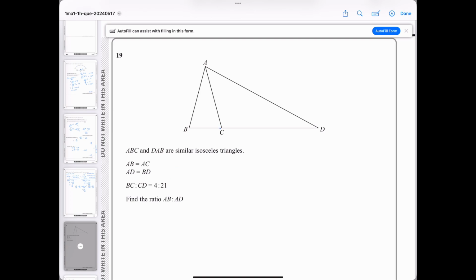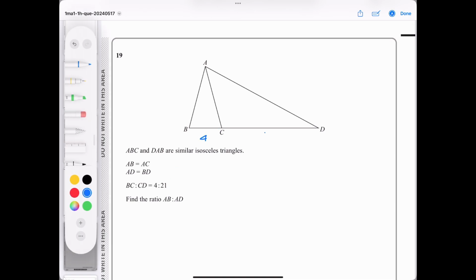Oh, okay. So that means that BD equals 25. So if we were to draw these again, I'm just going to do it because it's a bit confusing having them in this position. We know that equals 25, and that equals 25 for ABD.